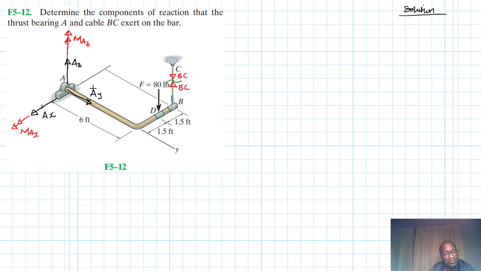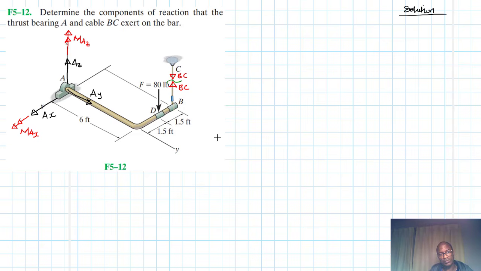So these are the support reactions that we are going to have for this structure because we do not have any other support on the body of the structure. If we had additional supports other than the thrust bearing along the longitudinal length or along the body of the structure, we could have neglected the couple moments or the reaction moments.